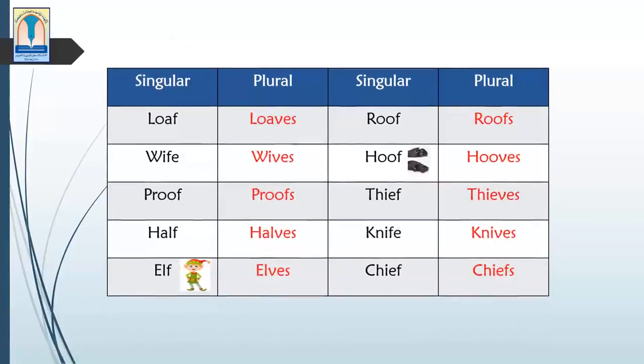Loves, wives, proofs, halves. Don't pronounce the L. This is a silent L. Elves. You see this small guy? He's an L. Roof, roofs, hoof, hooves, thief, thieves, knife, knives, and chief, chiefs.